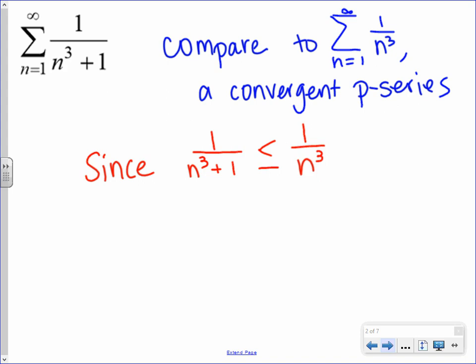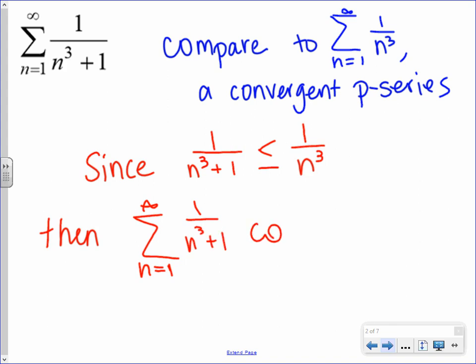Okay? And since we have a convergent series and our current series fits underneath of it, then it also converges by the direct comparison test. I'll even let you write that. Direct comparison test.